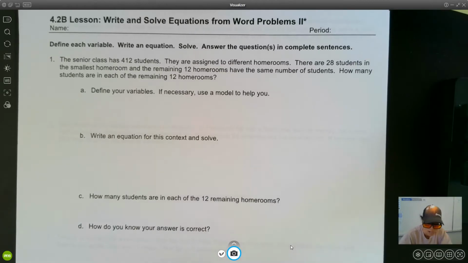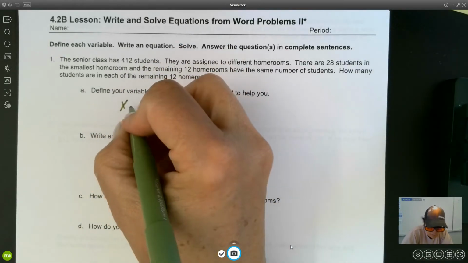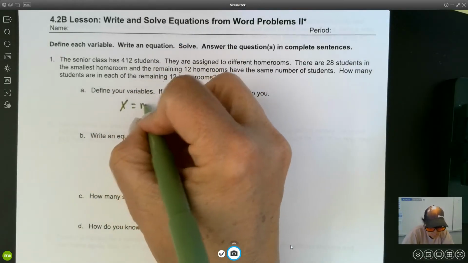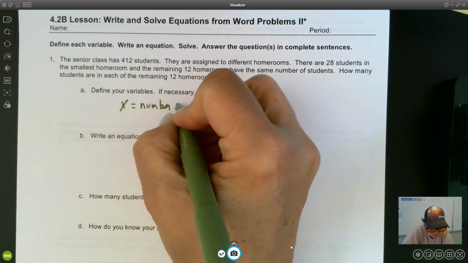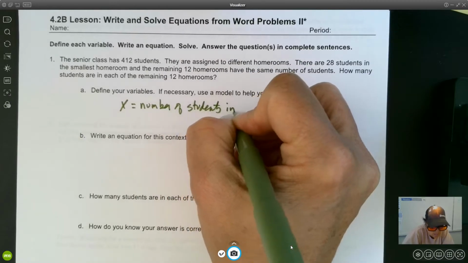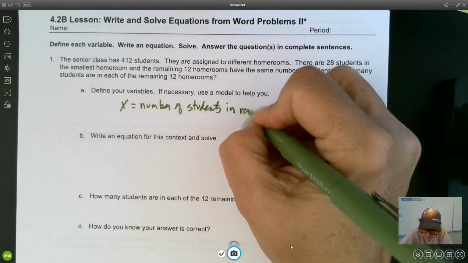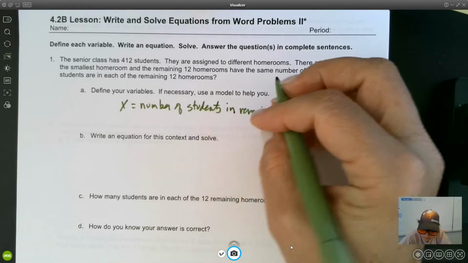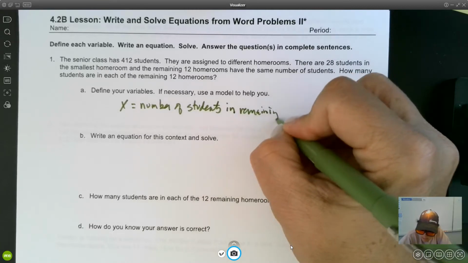So I'm going to let x, you can pick whatever letter you want, equal the number of students in remaining homeroom.